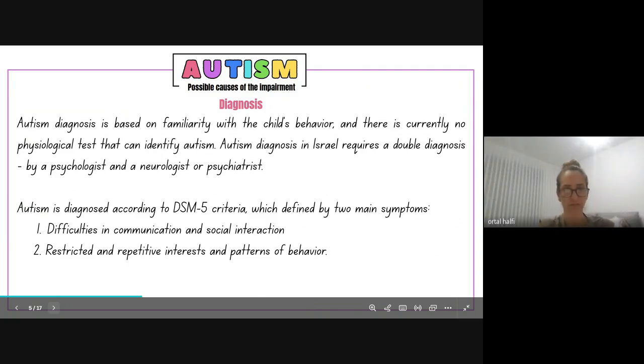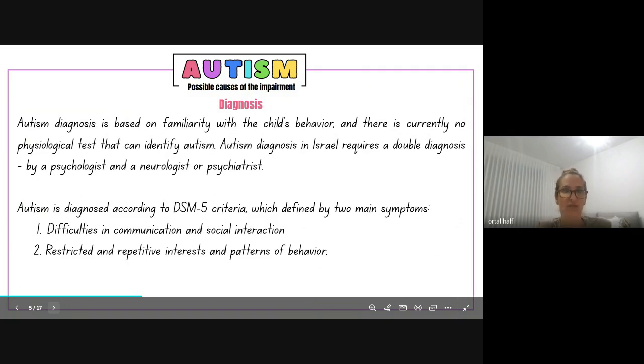Diagnosis. Autism diagnosis is based on familiarity with the child's behavior, and there is currently no psychological test that can identify autism. Autism diagnosis in Israel requires a double diagnosis by psychologists, neurologists, or psychiatrists. Autism is diagnosed according to the DSM-5 criteria, which are defined by two main symptoms.